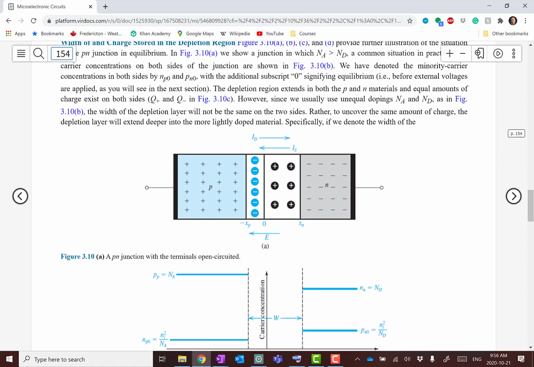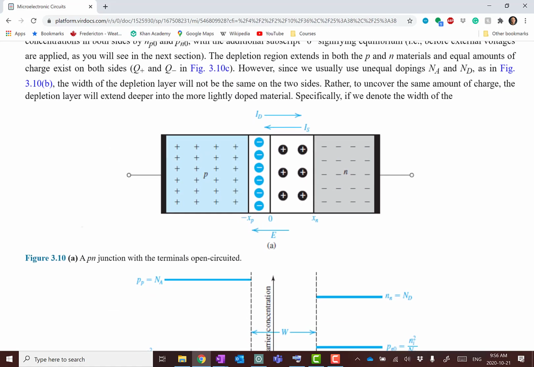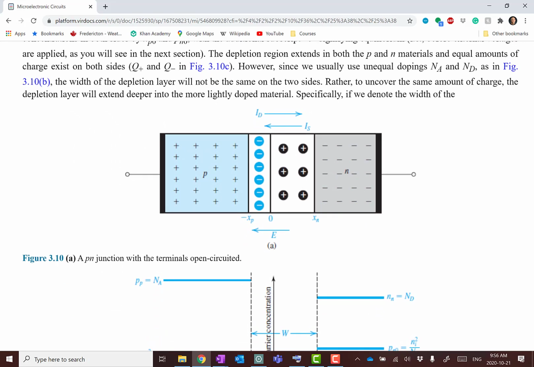But what I wanted to focus on initially in this class is, you'll note in the textbook that the width of the depletion region is not uniform in the N and P type material, and this is quite typical, and we're going to talk a little bit about this when we get into bipolar junction transistors.